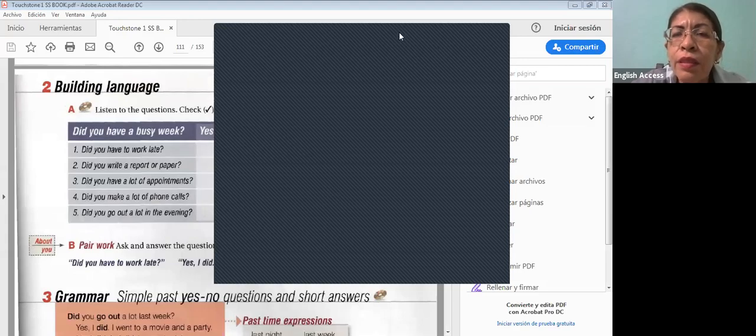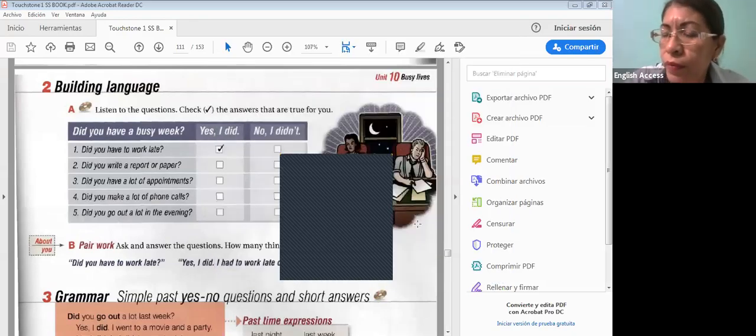Page 101. 2. Building language. Check the answers that are true for you. Did you have a busy week? Yes, I did. No, I didn't. Did you have to work late?